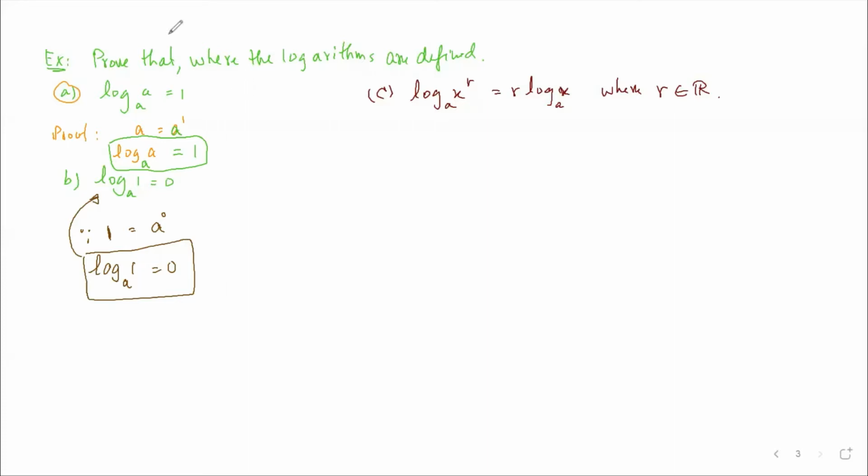Now I can prove question C. We are going to start the proof. You see this one, log x base a. I will let m equal log x base a.